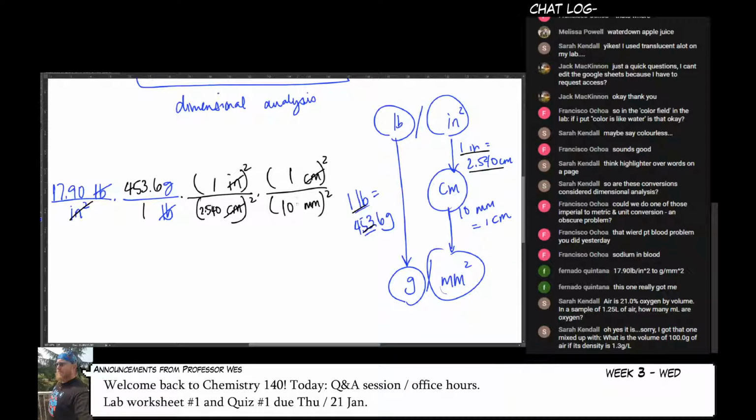Normally, you would not want to go from one metric prefix to another. You'd want to go through meters. Like, I would not know a conversion from kilometers to millimeters. I would go through meters to do that. So the units that are going to be left over are grams and millimeters squared.